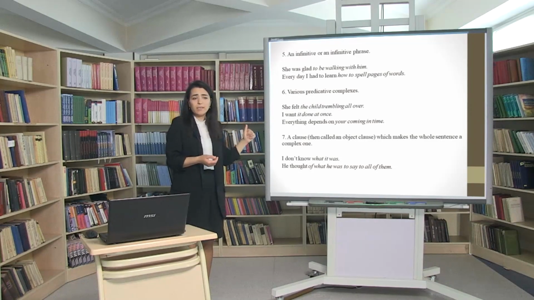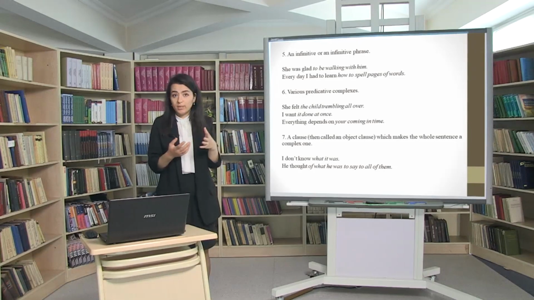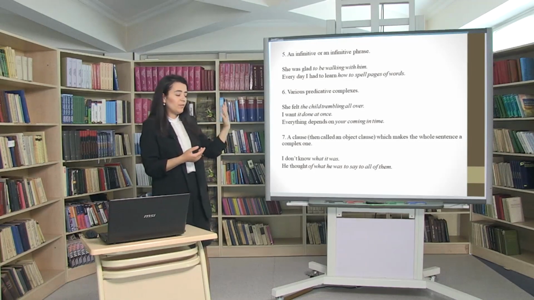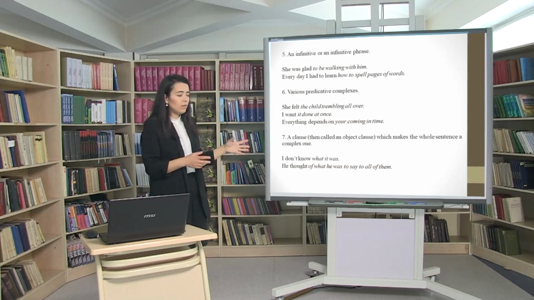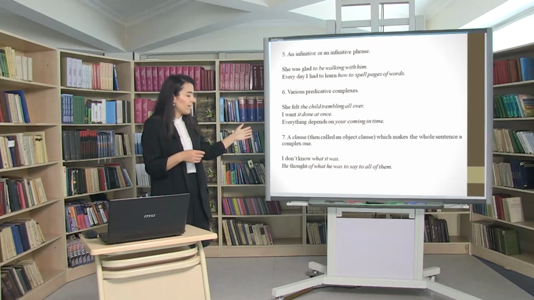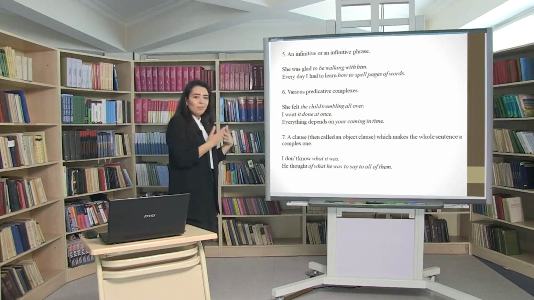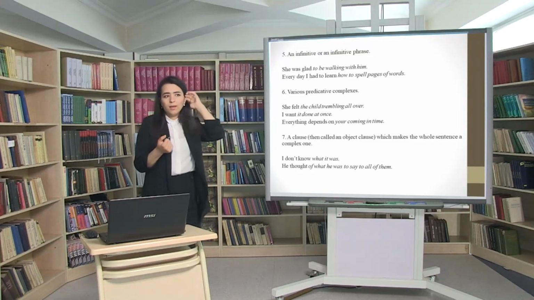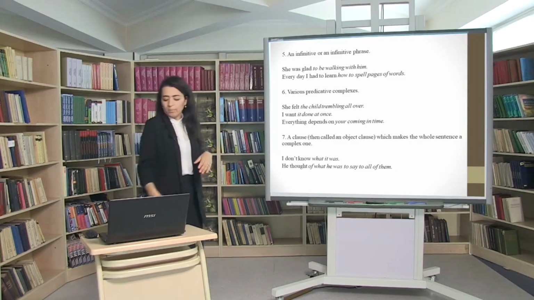These sentences are object clauses, and in our future lessons we will learn the structure of object clauses. I think it would be better to begin to learn such types of sentences in order to differentiate some types of clauses.